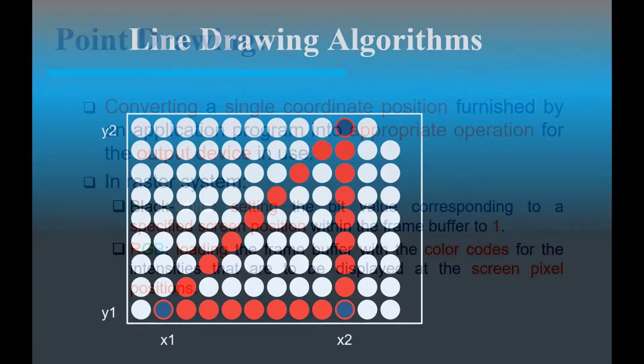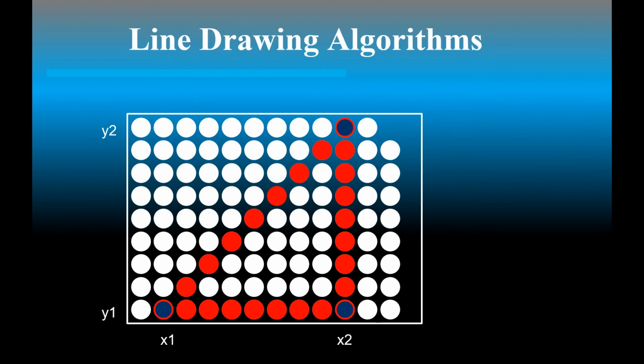Now let us see the line drawing algorithm. As we saw before, the bottom line is your x-axis, and the vertical line is your y-axis. We have one point here on the x-axis, this is your x1. We have another point on the x-axis, this will be called x2.